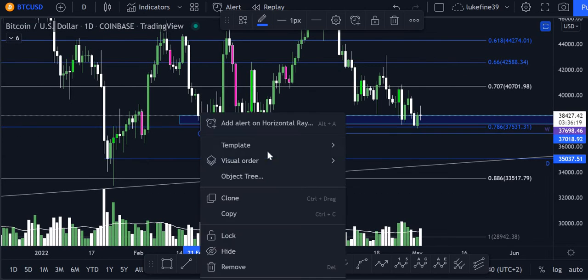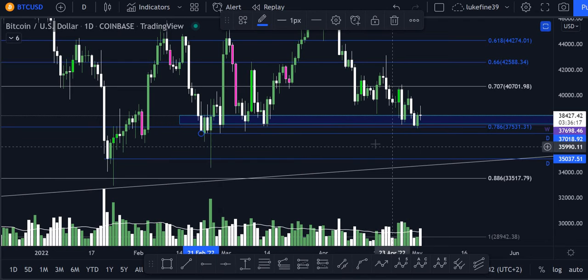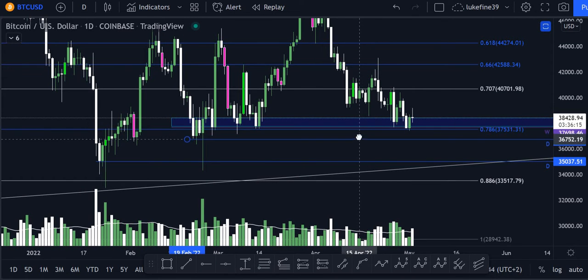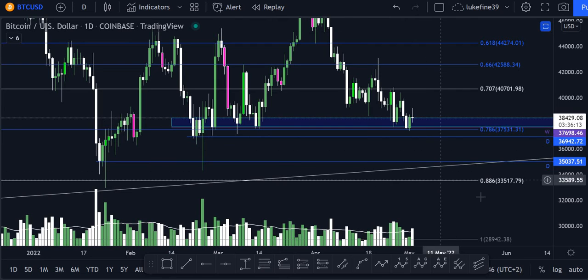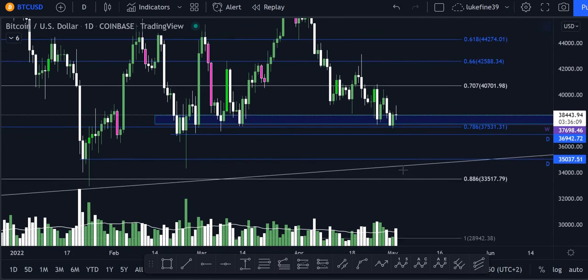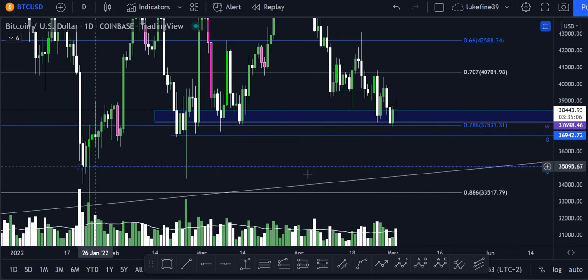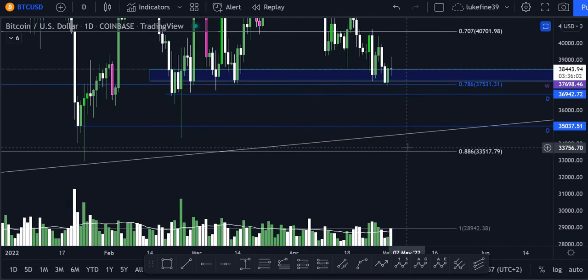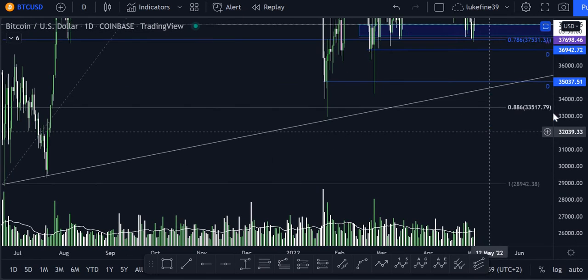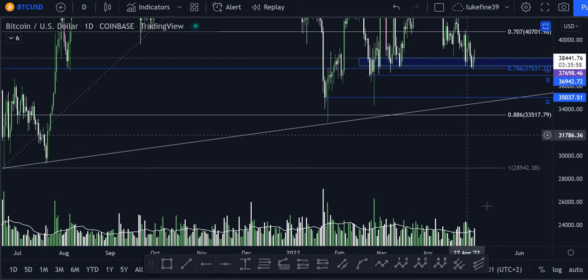Although I'm not expecting the first one here to be something of importance. If we start losing here, I'm looking at this zone. Although this is already tested, so this trend line, and then the 33k fib level, and then possibly lower levels.